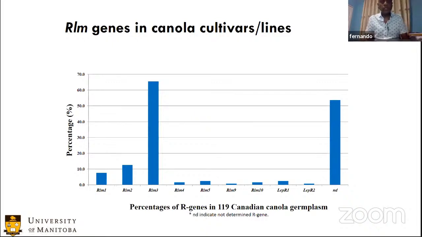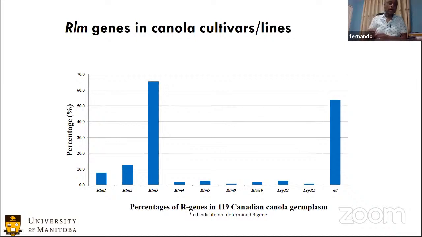Now, in 2010, we understood that even though we were doing screening and we had identified that certain varieties are resistant and some are not, we didn't have any understanding about the resistance genes in the Canadian canola varieties.